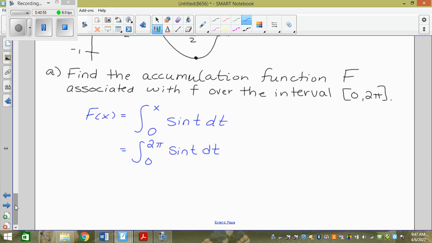How do I find the answer to that? You just do the antiderivative every time. If you're like, I wonder what I should do, antiderivative.